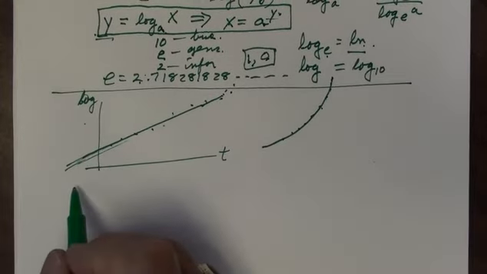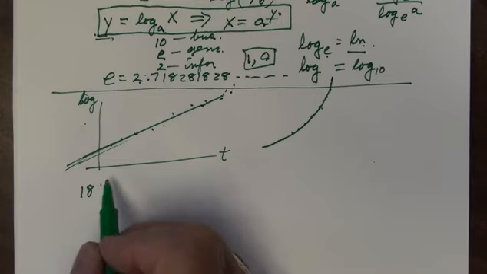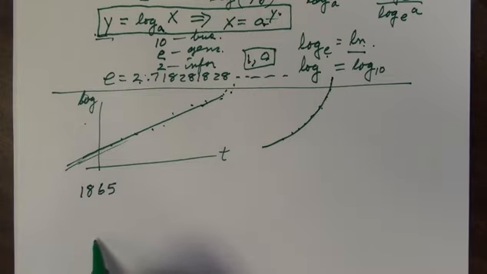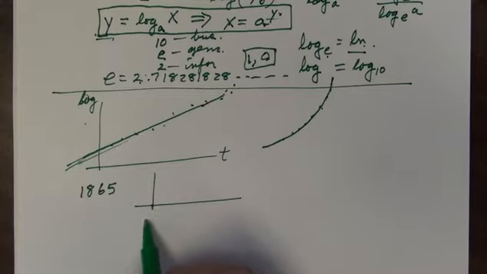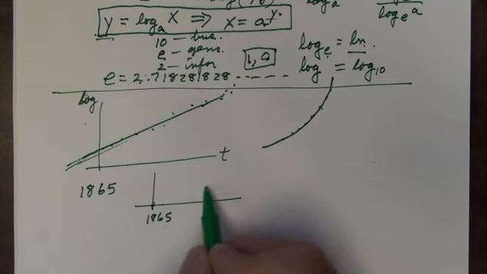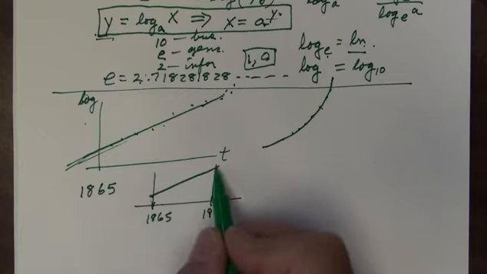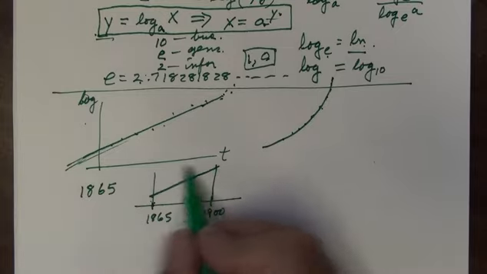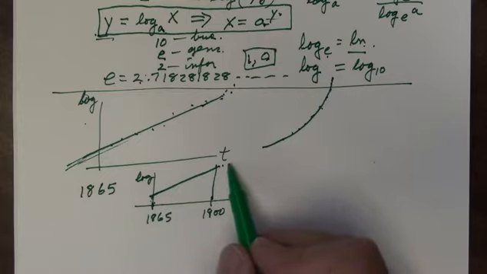If we went back to the year, this is very hard to believe, but let's go back to the end of the Civil War, 1865. And let's look at how much energy was used in 1865. And let's plot that every year to the year 1900. You'll find, if we plotted the log, that that log would increase as a straight line.